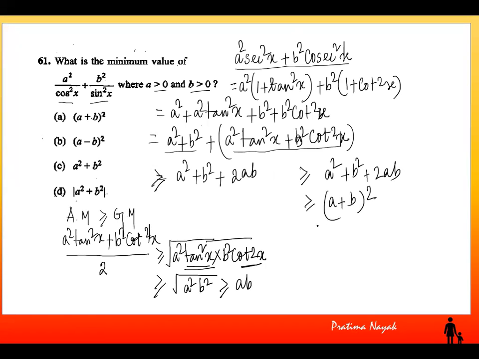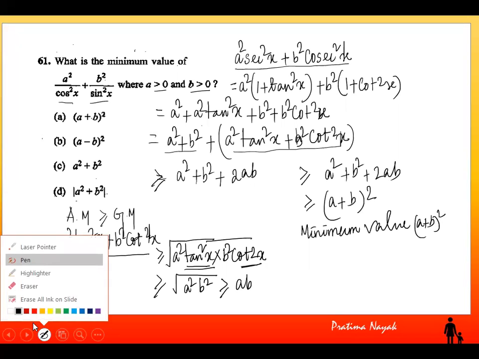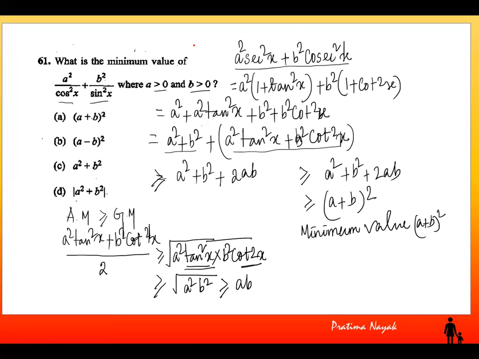So when it is greater than a plus b whole square, then what is the minimum value? Minimum value is a plus b square. So you can remember this as a short formula. Now the minimum value of this is always a plus b whole square.